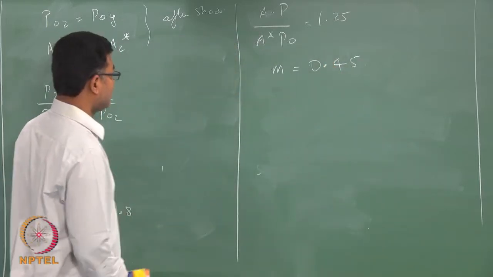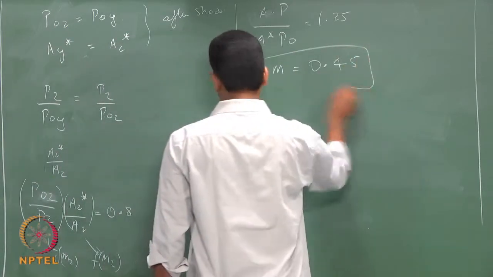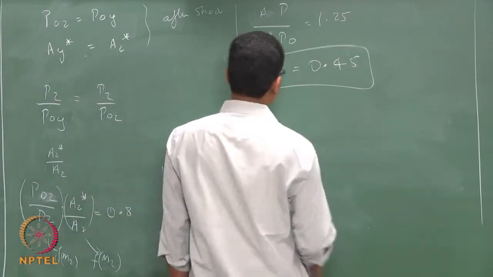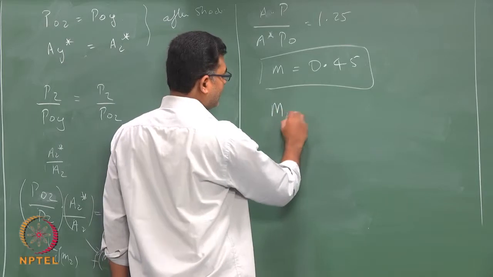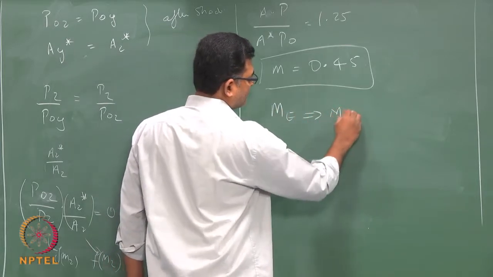0.45. So this is the Mach number that is happening at section 2, which means this is my M exit.